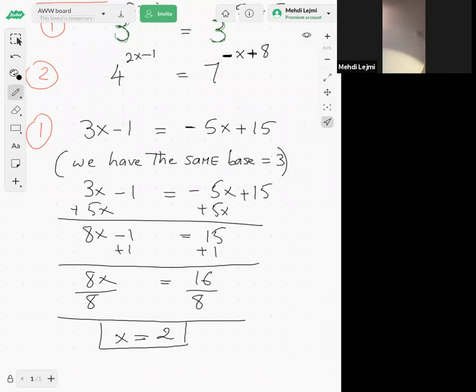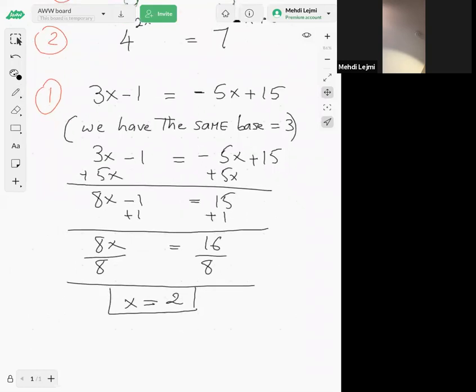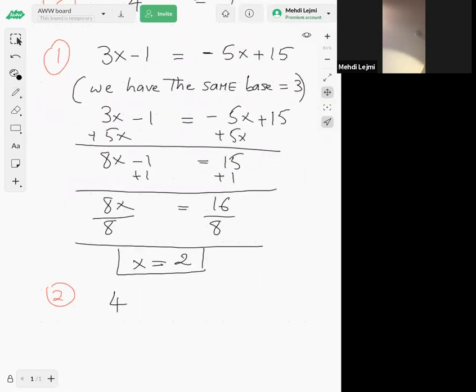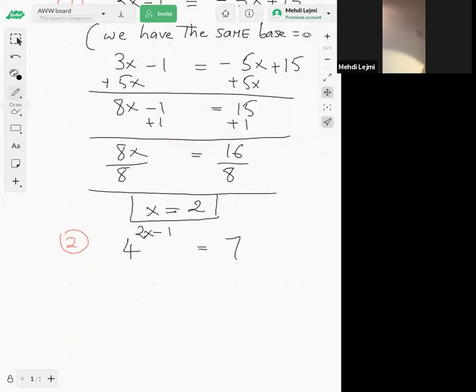For number two, it's more complicated because, of course, we have different bases. This is 4 to the power 2x minus 1 equals 7 to the power minus x plus 8. This is minus x plus 8.